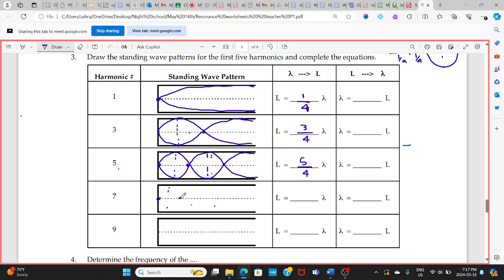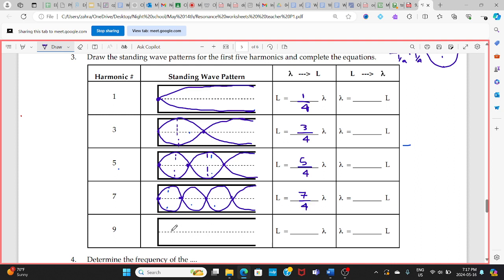Next one, I put the 3 nodes here. 1, 2, 3. And now, can anyone tell me how many? 7/4. Very good. Thank you. Who's this speaking? Jessica. Jessica, thank you. So 7 over 4.